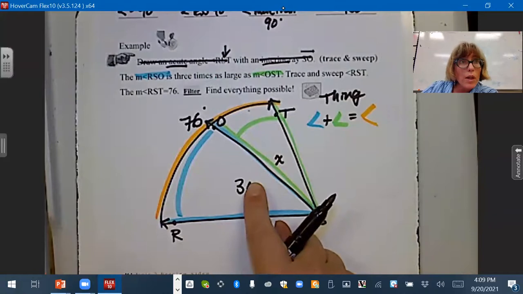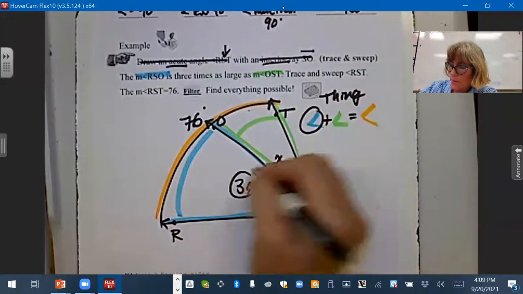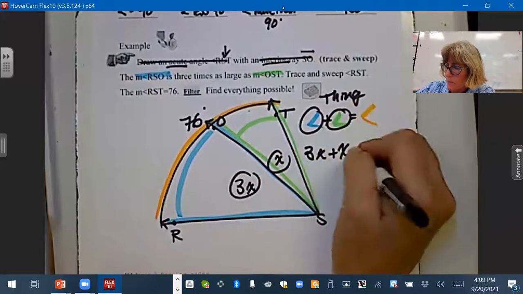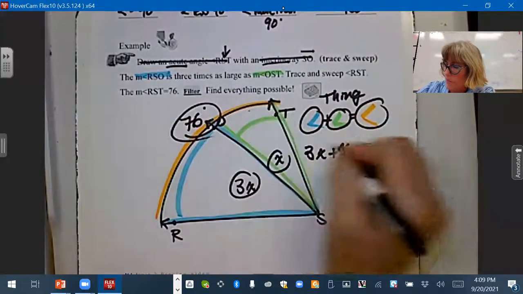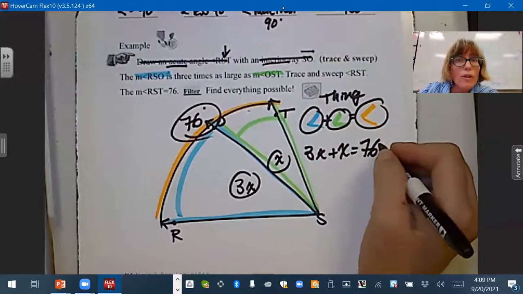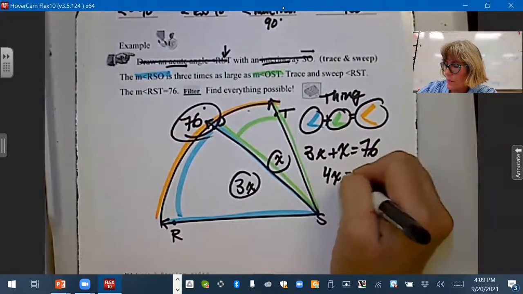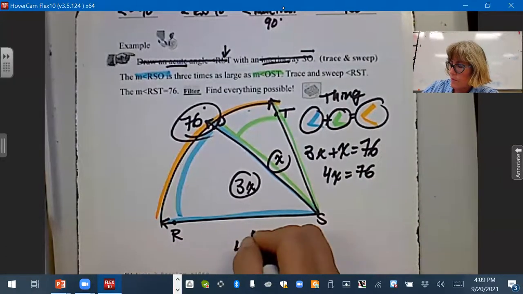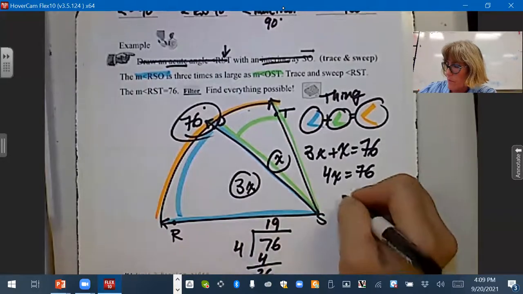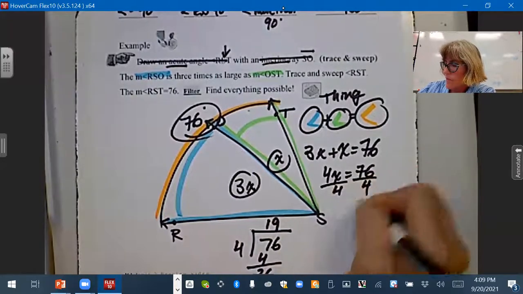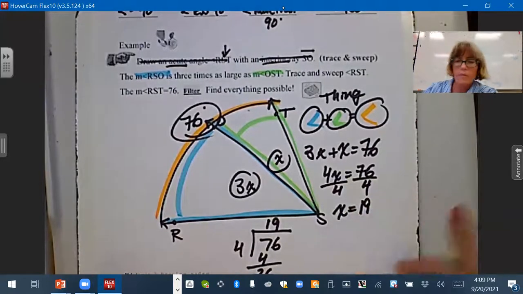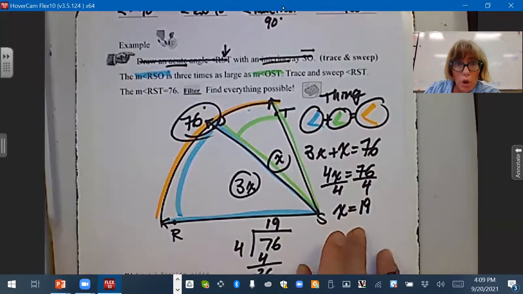Let's go ahead and circle, plug, chug. Solve. And then let's see if it worked.